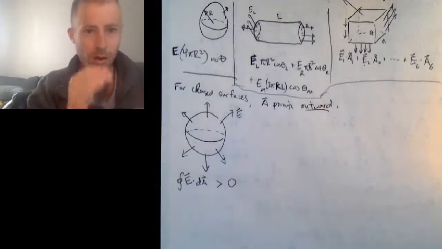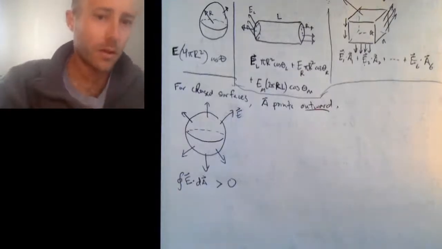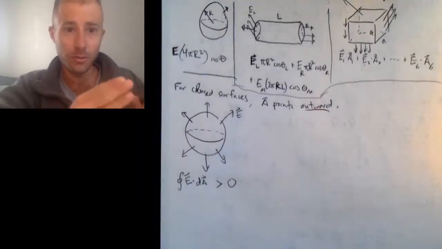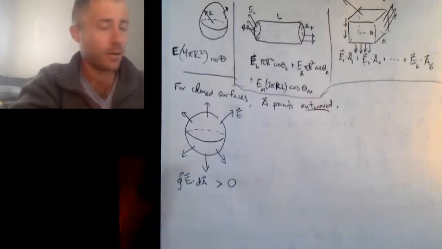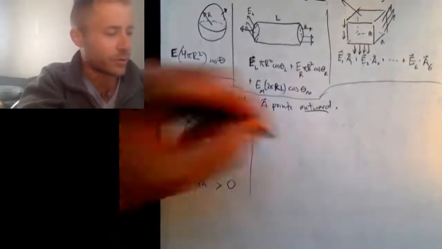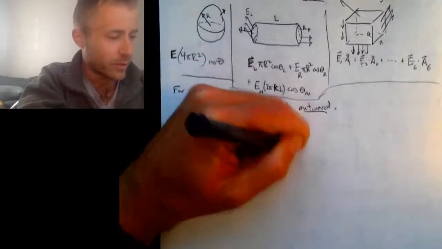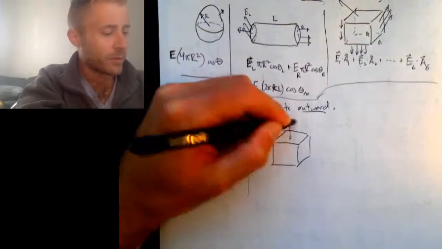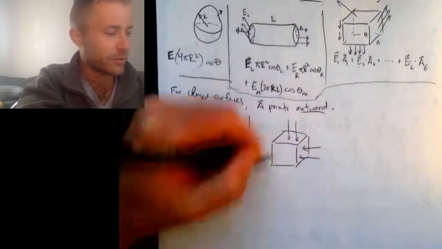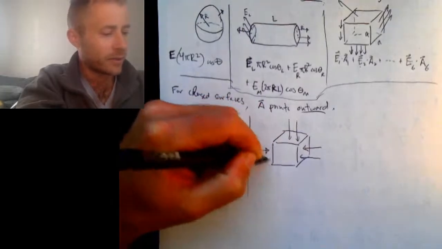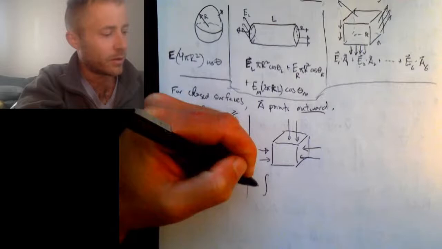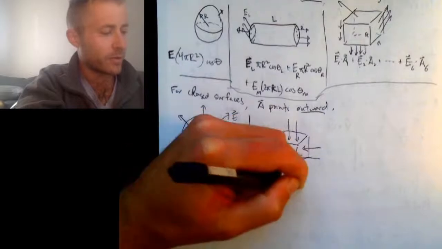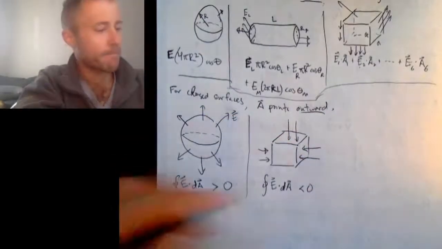The angle is less than 90 degrees, which means the cosine theta term is positive. If you have a situation where the electric field points inward, maybe an electric field that goes in through this surface, in that case the flux through that surface is going to be less than 0.